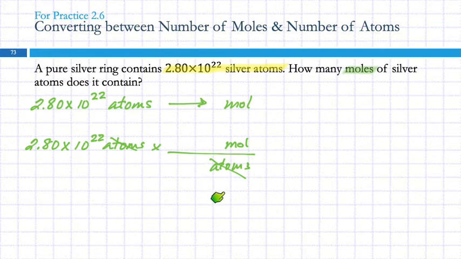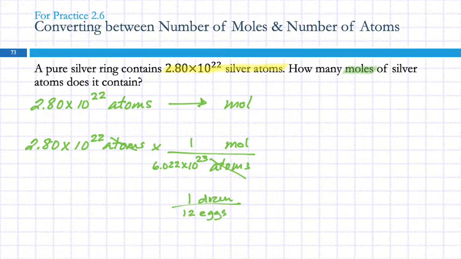Where does Avogadro's number go? On the bottom with atoms, because those are like the eggs. A dozen is 12 eggs. A mole is the funny number. 6.022 times 10 to the 23rd atoms is 1 mole, just like 1 dozen is 12 eggs.